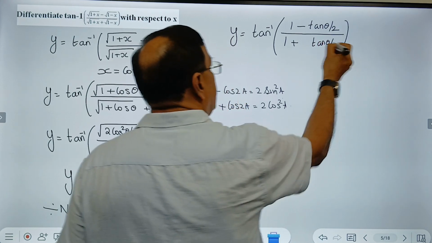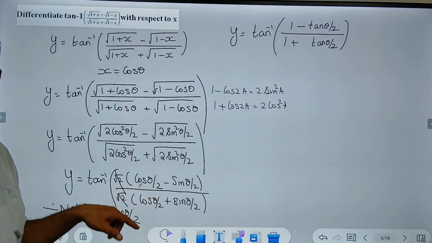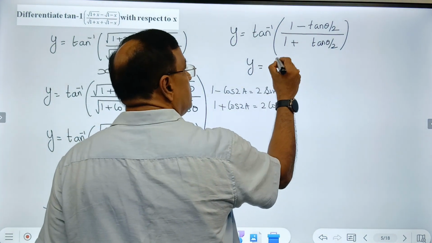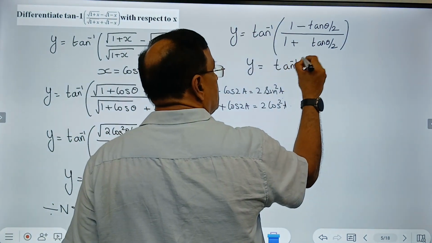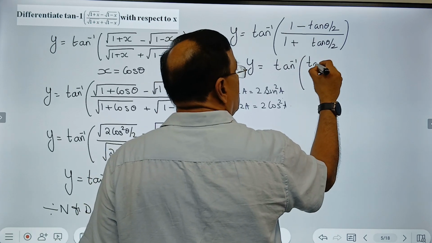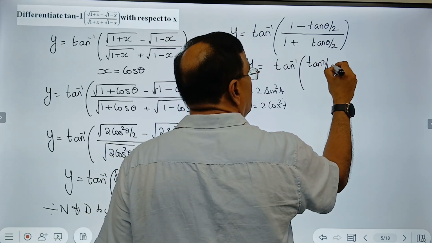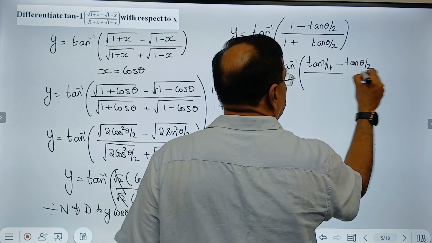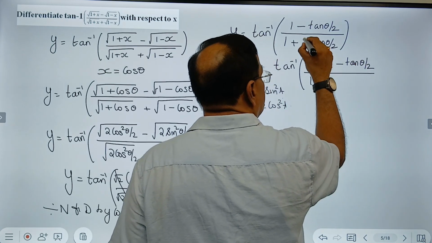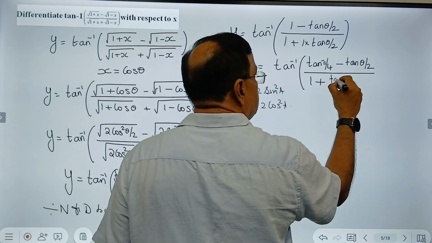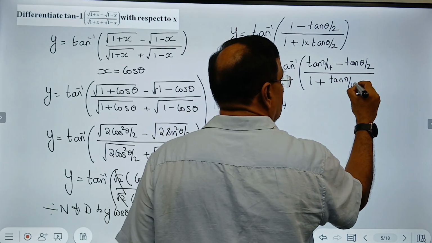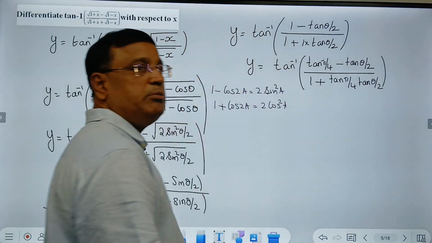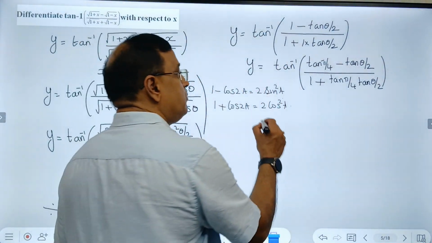Because I am dividing numerator and denominator by cos theta by 2. So this is y equal to tan inverse of, what is this one? 1 is tan pi by 4 minus tan theta by 2 divided by 1 plus, you see there's a 1 here which can be replaced as tan pi by 4 tan theta by 2. So this is my tan A minus tan B by 1 plus tan A tan B, and what is that equal to?